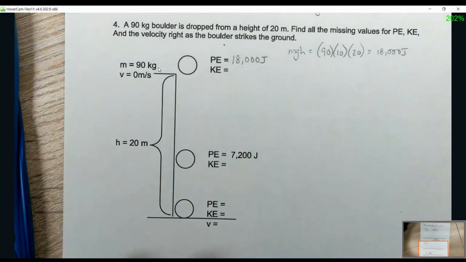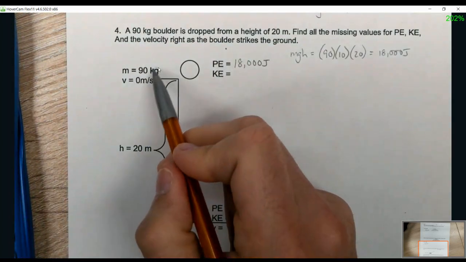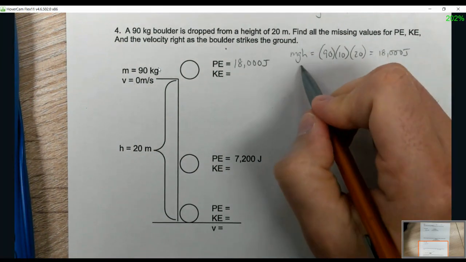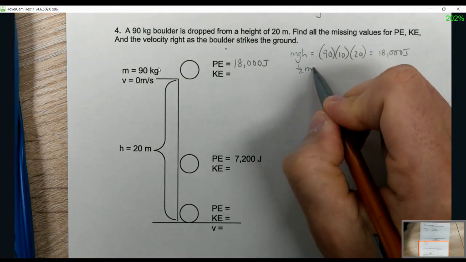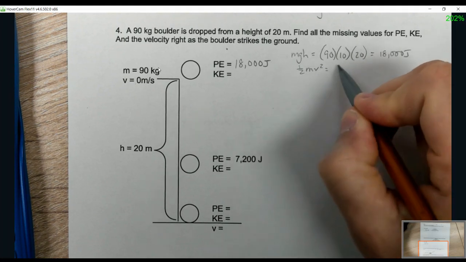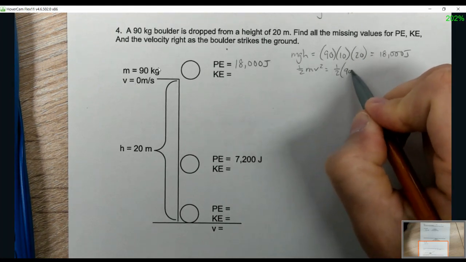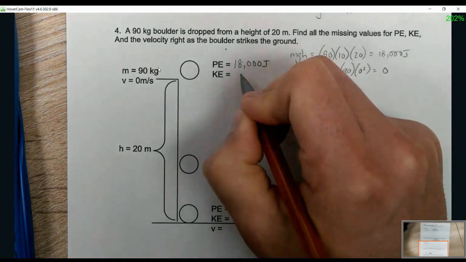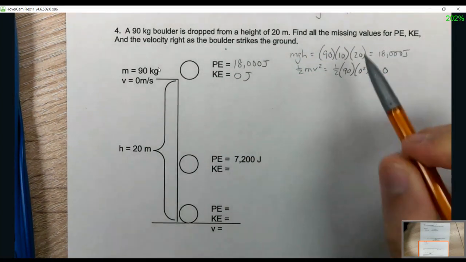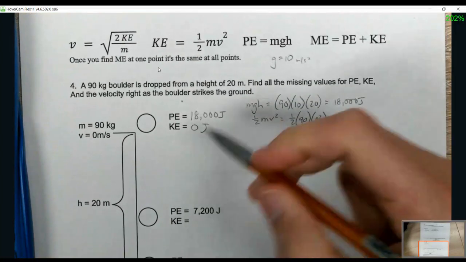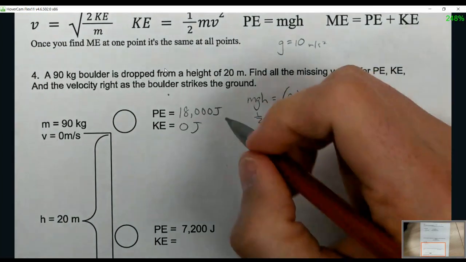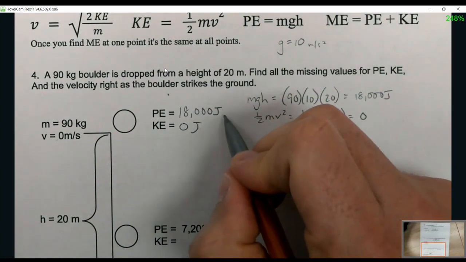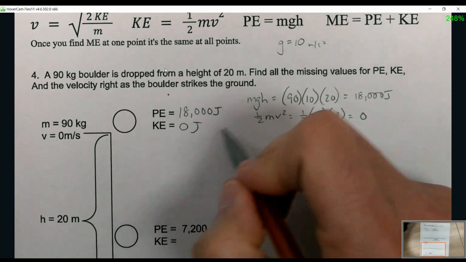Cool. Now, initially, they tell us the height right up here is 0. So the kinetic energy is 1/2 mv squared, 1/2 times 90 times 0. This whole thing is 0. So to find the mechanical energy, I can add these two things together.